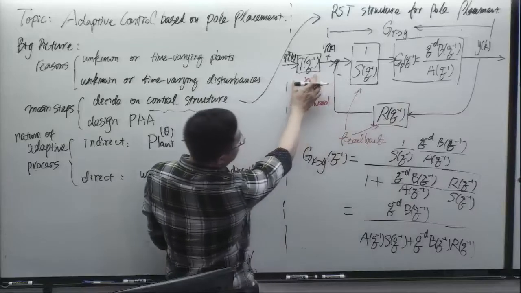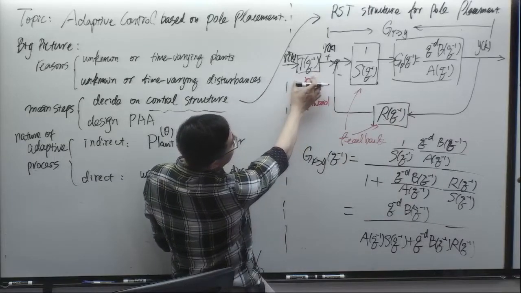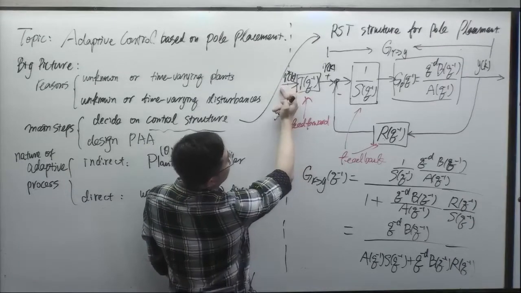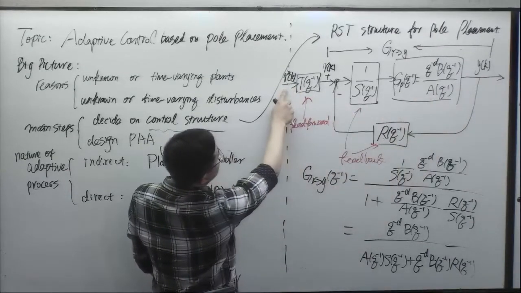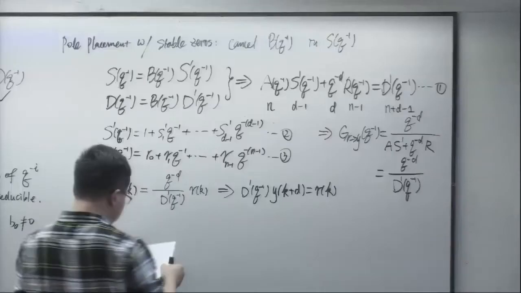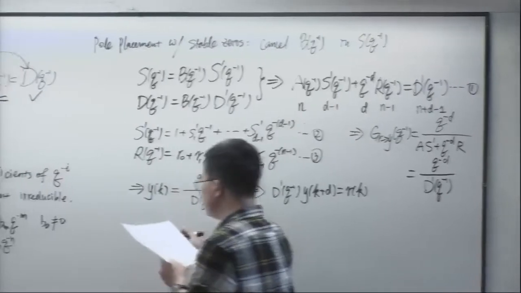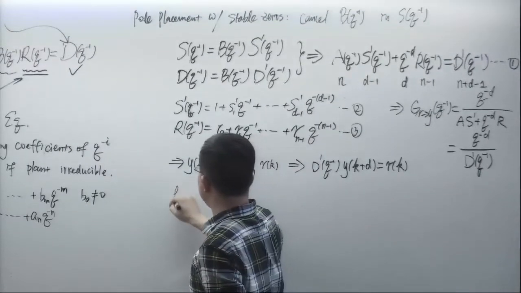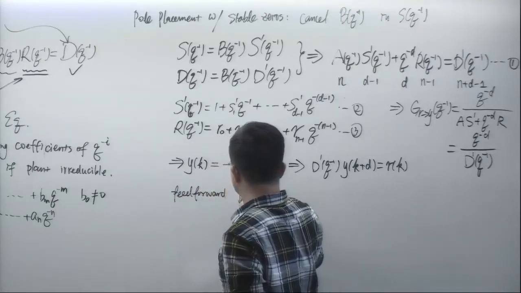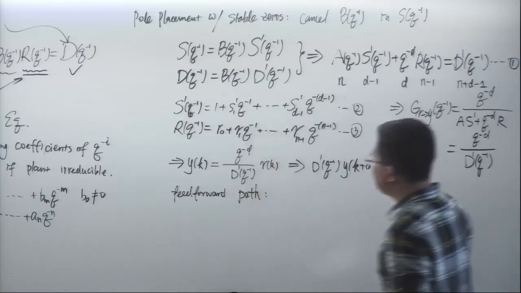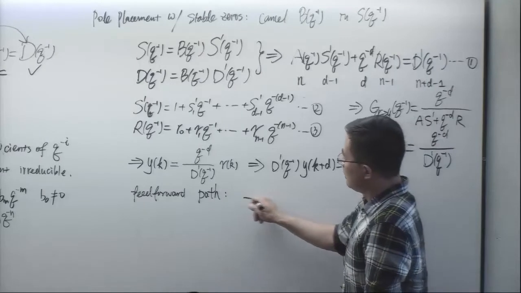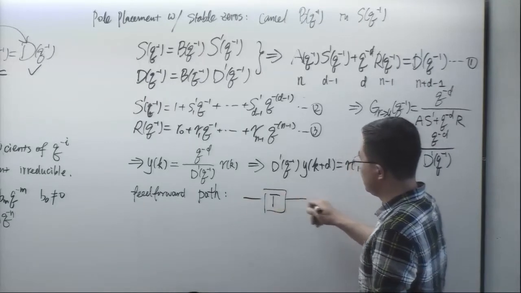Let's now go back to here and take a look at what kind of feed-forward controller we want to design to make the output to track this desired reference. So now the feed-forward path, T, and then the closed loop.